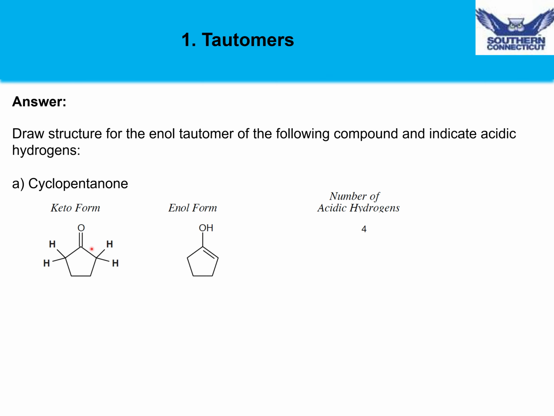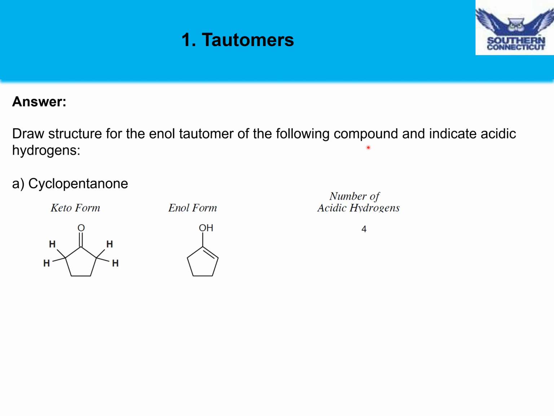So we would take one of these alpha hydrogens and remove it, place a double bond as shown here, and then add a hydrogen to this oxygen of the carbonyl, turning it into a single bond. And so this is the enol form. We could also draw the double bond towards the left. It would give you the same enol in this example, since the ketone we're starting with is symmetrical.